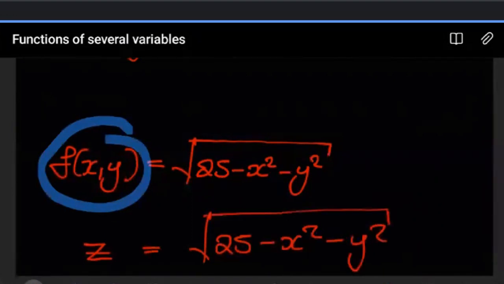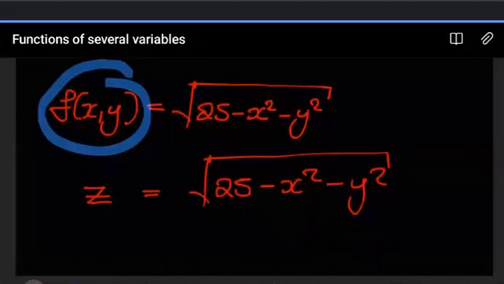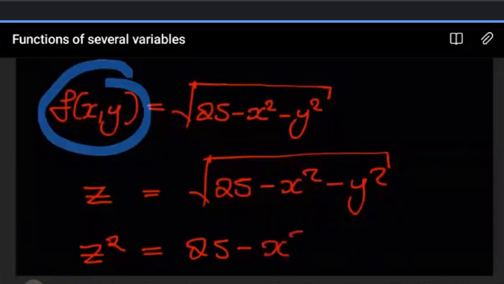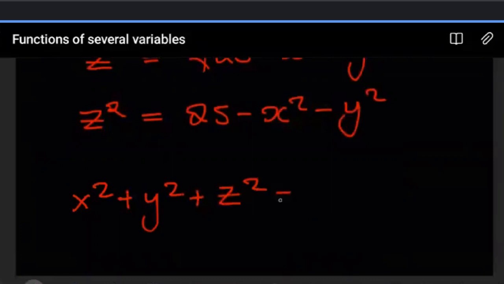Now, if you square both sides, you basically end up with z squared equal to 25 minus x squared minus y squared. And when you look at this term, it simplifies to give you x squared plus y squared plus z squared equals 25. What expression is this?